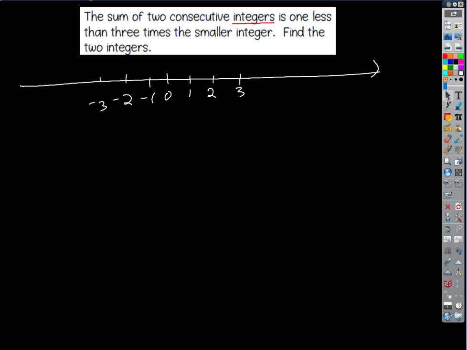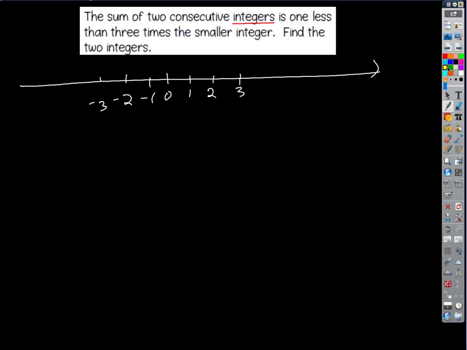So we want to find out what these numbers are. This is a little different approach, though. We have to set up a variable. What is it that we're being asked to find? The 2 integers, so those are both unknowns. Let's let one of those 2 integers be x. How about if the smaller one we call x?